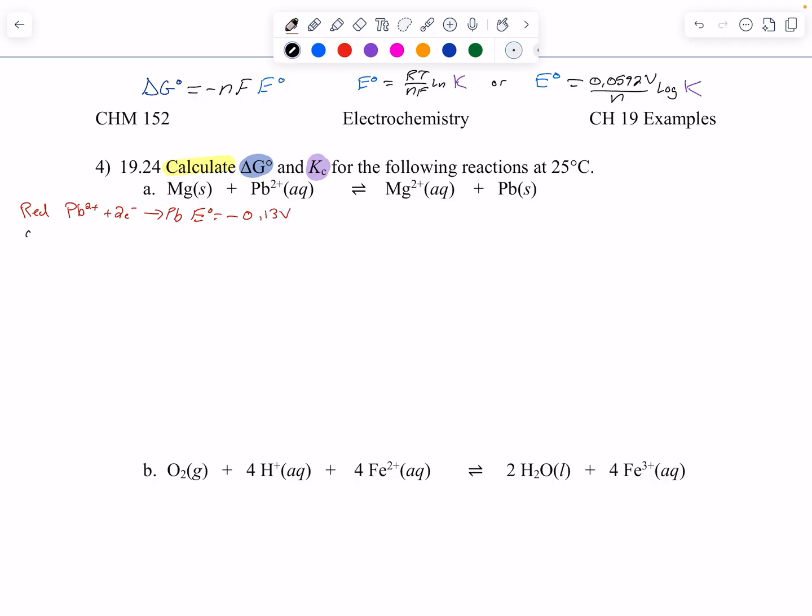And then our oxidation would be magnesium going to magnesium 2+ and 2 electrons, and that is 2.37 volts. So if we combine these, or subtract them, I get 2.24 volts.